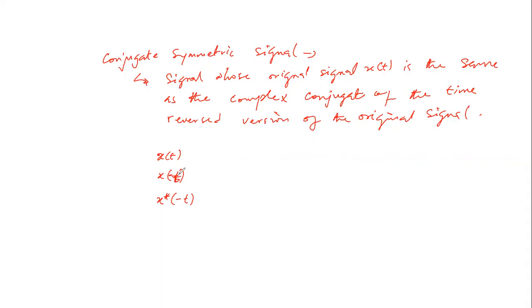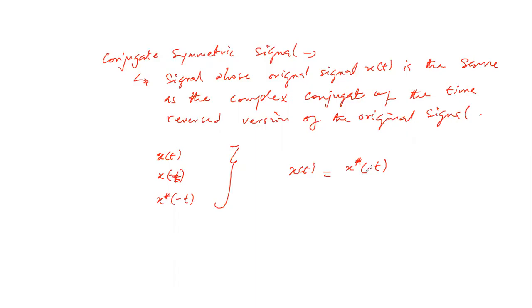So this signal S of t will be a conjugate symmetric signal if and only if S of t is the same as S star of minus t. This is the condition for us to have a conjugate symmetric signal.